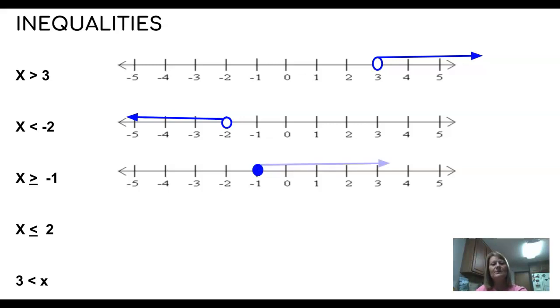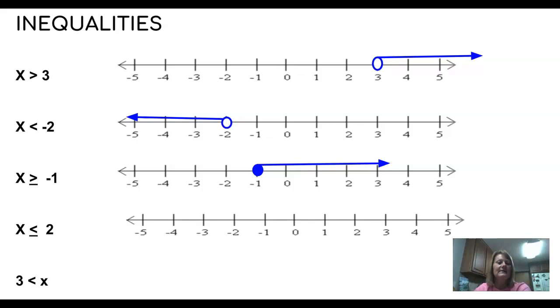So greater than would mean going to the right. Our next one is x is less than or equal to 2. So again, the equal to part makes it a solid dot on 2. And less than goes to the left.